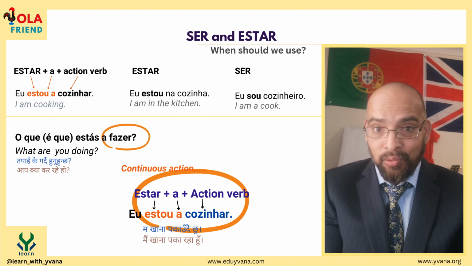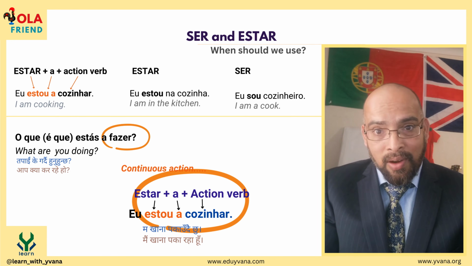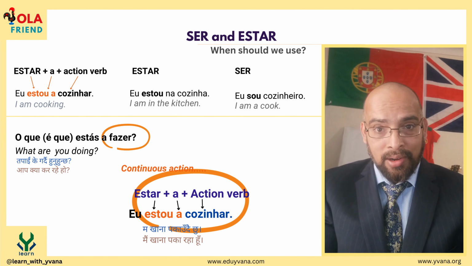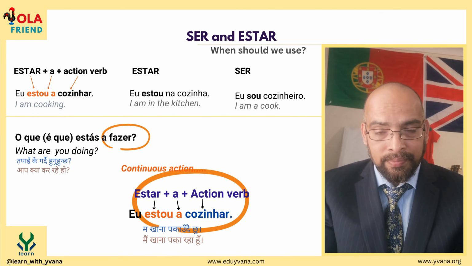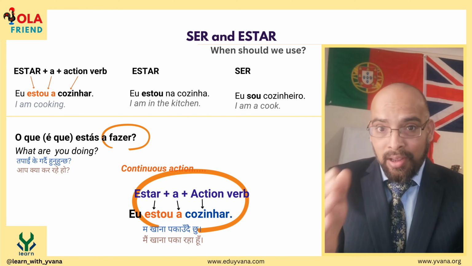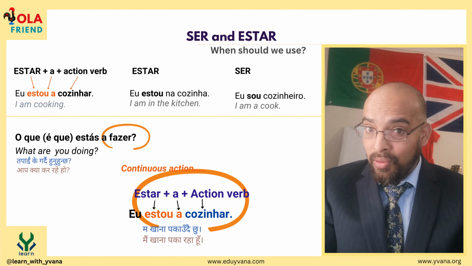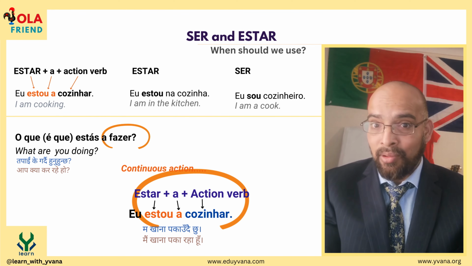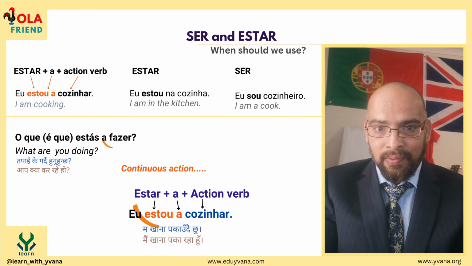You have to use ESTAR verb plus a plus the verb or the action you are doing, and it should be in infinitive form. Here I am saying eu estou a cozinhar because cozinhar is the verb that I am doing. I am cooking.